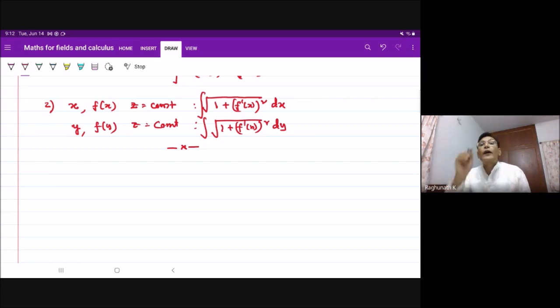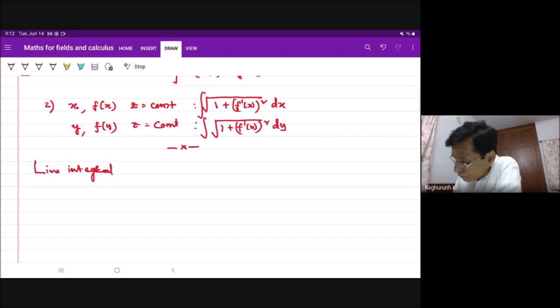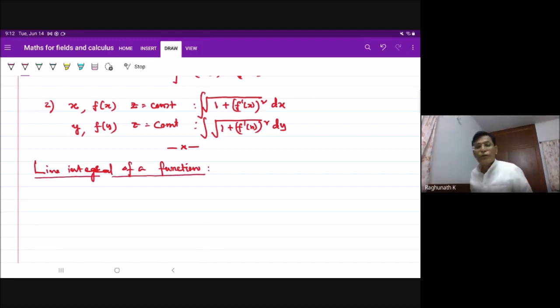Line integral of a function. What is this line integral of a function? The best example we will find it actually is that given the line charge density, this is where we are at a better position, right, to get into this.